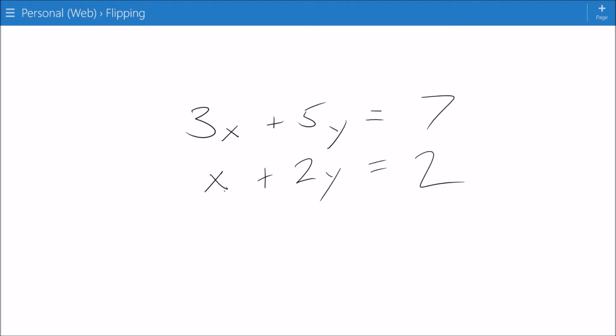Because as long as I do it to one side and I do it to the other, equality is preserved. So if I want to eliminate the x, I can multiply it by -3, both sides.